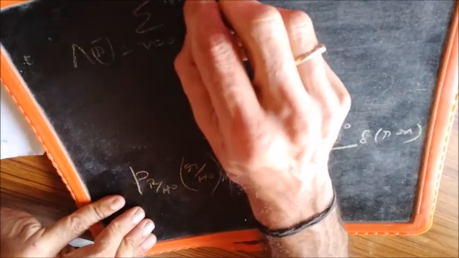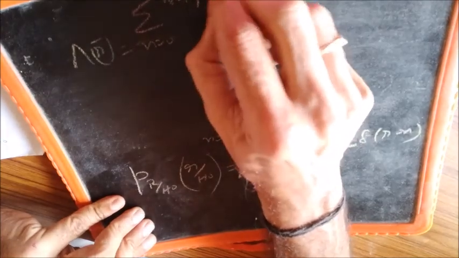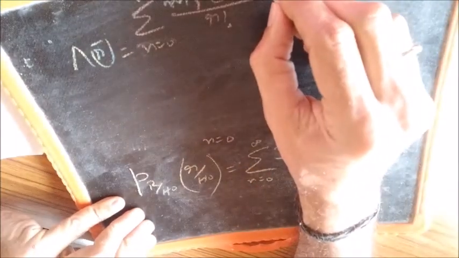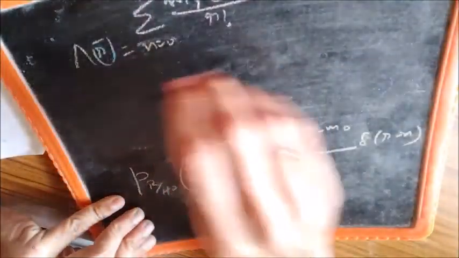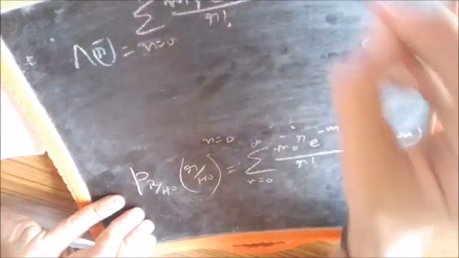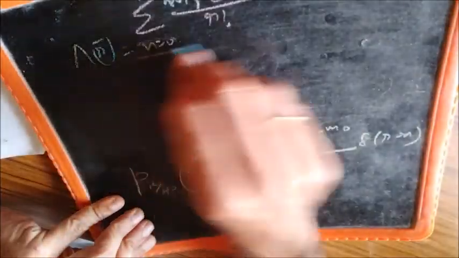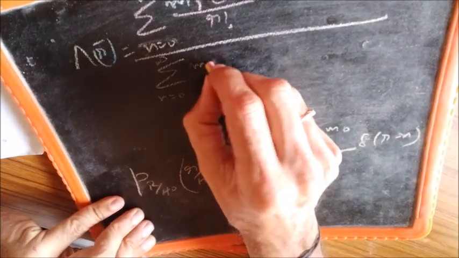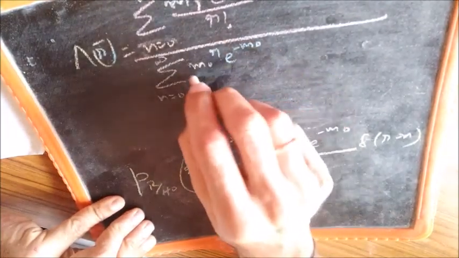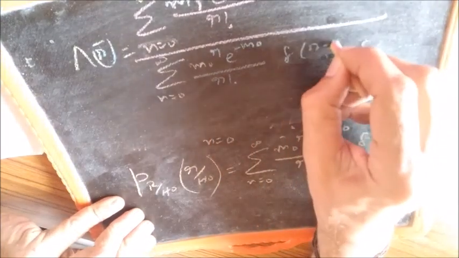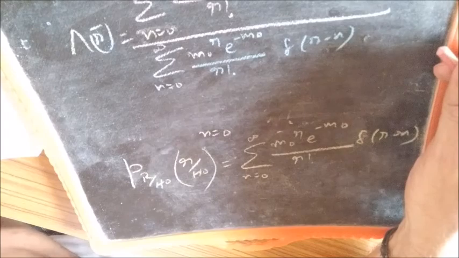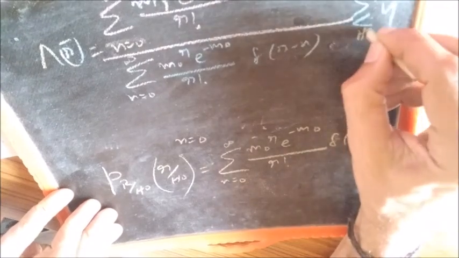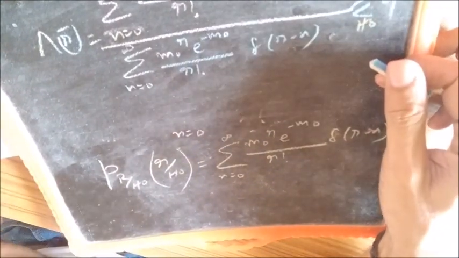So I'm just writing it down here. So this is how it is going to look like, and we will be of course comparing it with eta to arrive at a decision on which hypothesis was true.